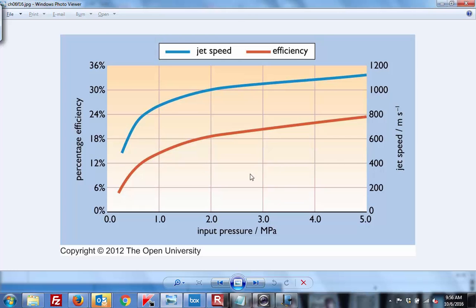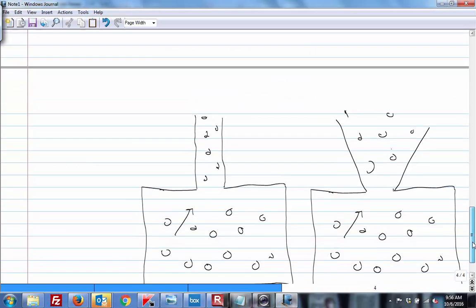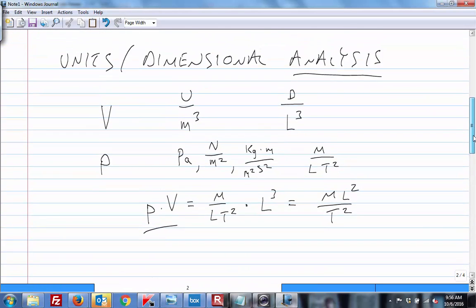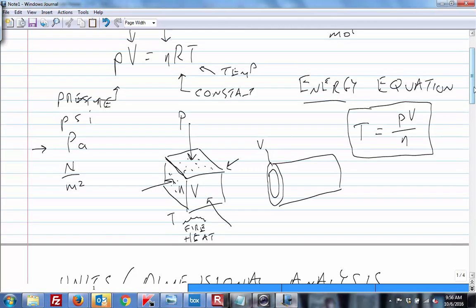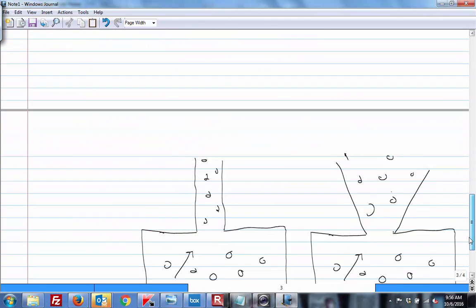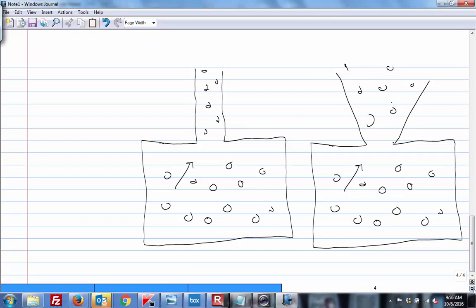I love that. Now, let's look at this axis though. This is the input pressure in megapascals, and let's just get a handle for what that is. I already mentioned that pressure is measured in pascals, and just like with any good SI unit, we can throw a K on it and get kilopascals, or an M and get megapascals.